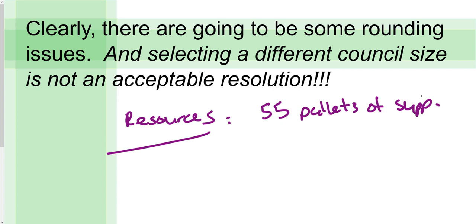Well, if we do the math and we come up that we need 56 pallets of supplies, we can't just magically make a new pallet appear. We're also not going to let pallets go unused either. So therefore, we're stuck with this number. So in any situation, the size that we get is what we have to deal with.